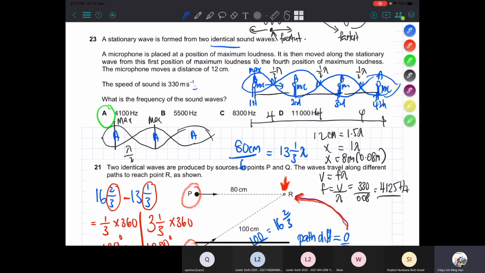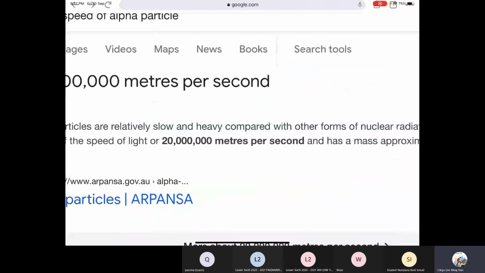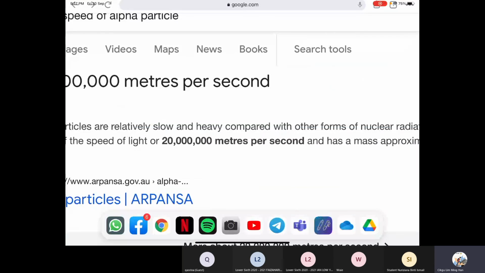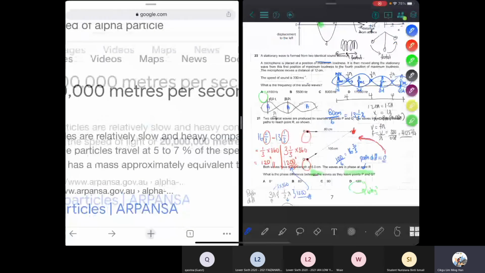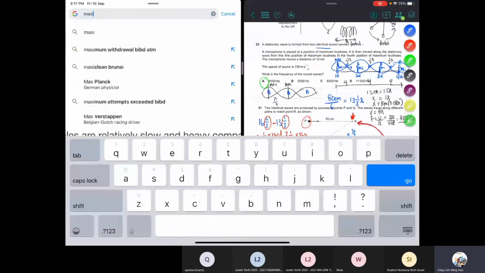Sir, last time I checked Google, it said maximum loudness is at knot. Let me check here. Type here maximum.